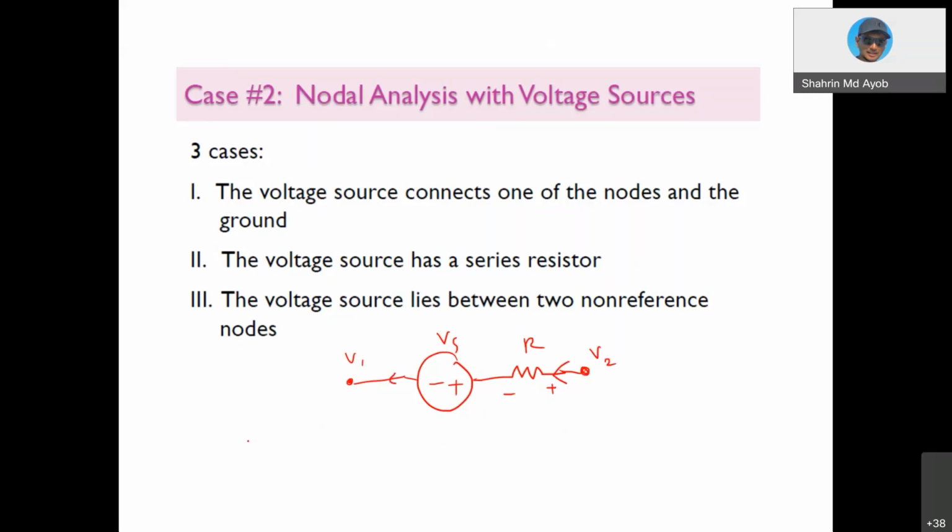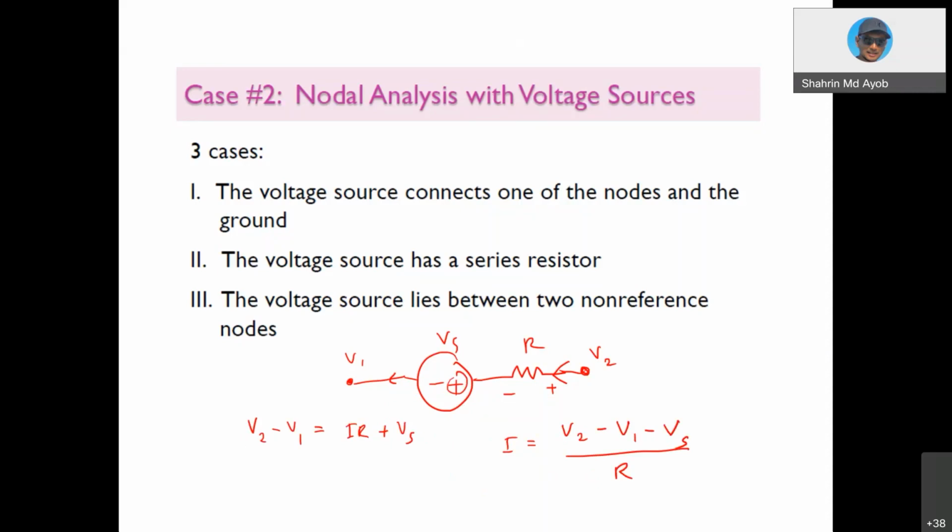So I write down my node voltage: V2 minus V1 is equal to I R plus Vs. Finally I rewrite the branch current equation: I equals V2 minus V1 minus Vs over R.